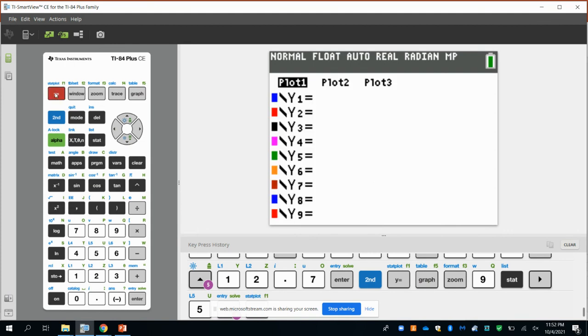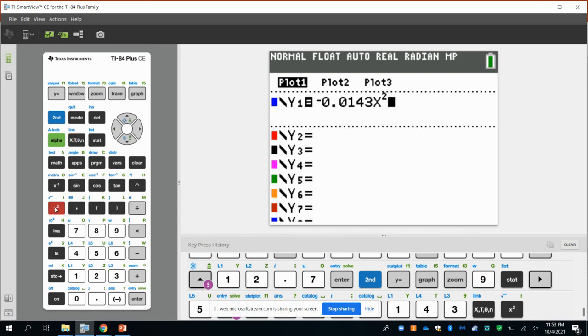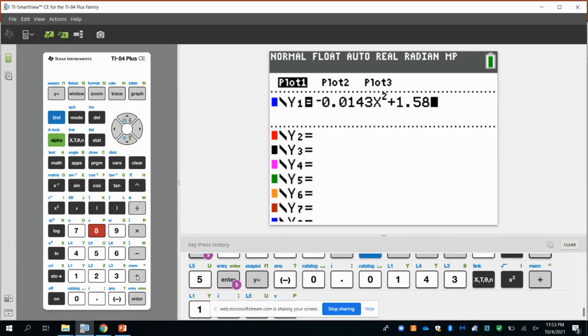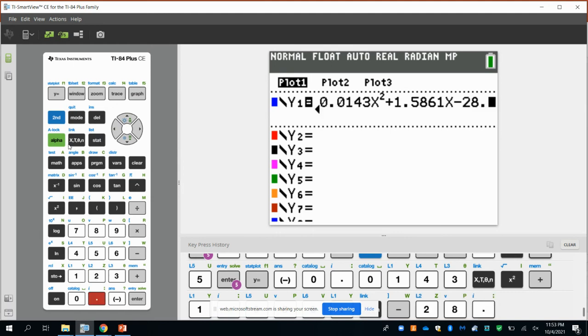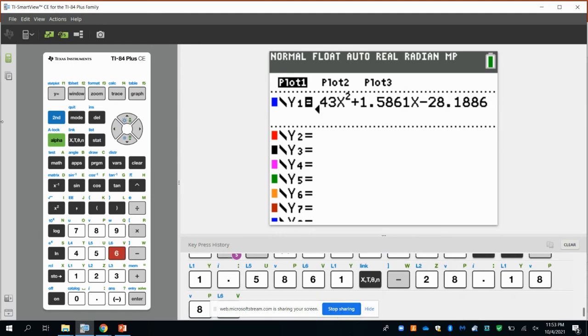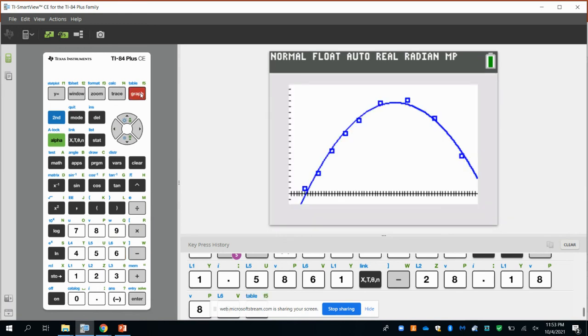I need to enter the quadratic function here, which is negative 0.0143 x squared, plus 1.5861 x, and then minus 28.1886. All right, and then graph.